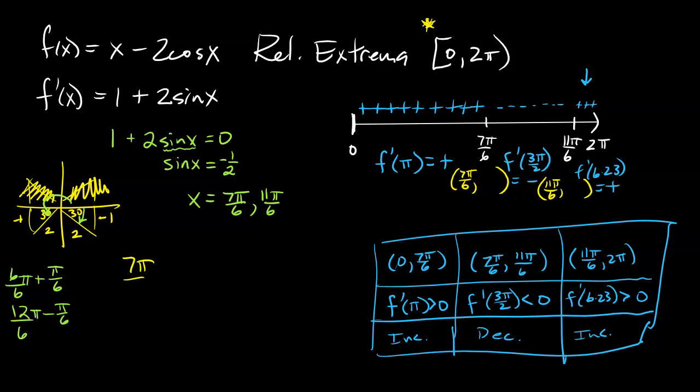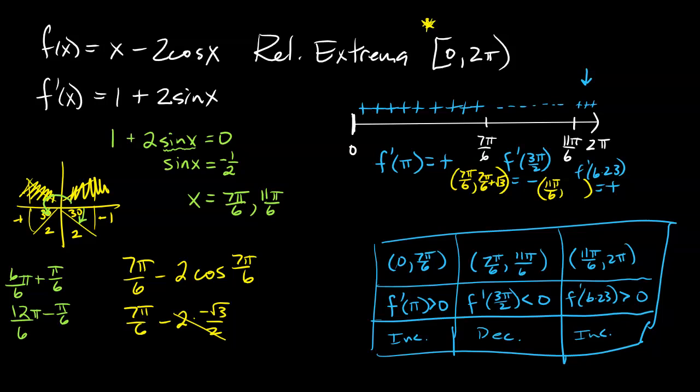7 pi over 6 goes in place of x, minus 2 times cosine of 7 pi over 6. At least I still have the drawing right here. Cosine is going to be negative square root of 3 over 2. Those cancel. So this is the point 7 pi over 6 plus square root of 3. I know that it's super hard to read, and I'm sorry.